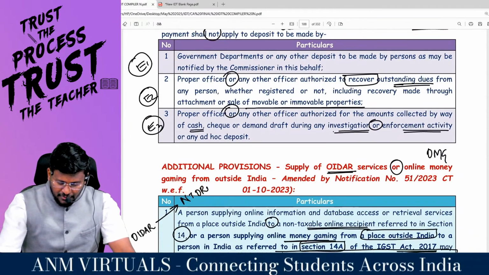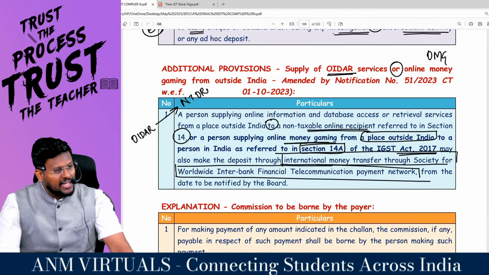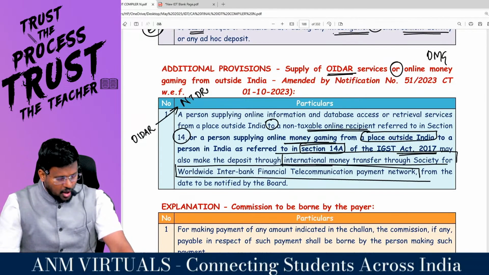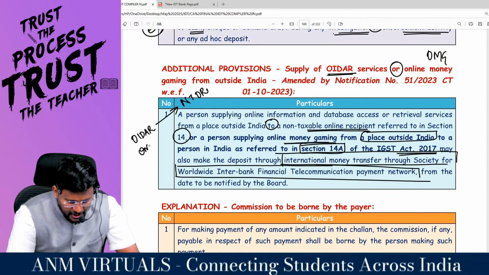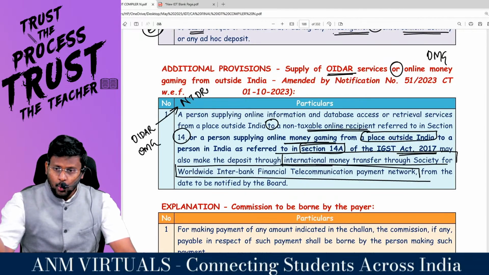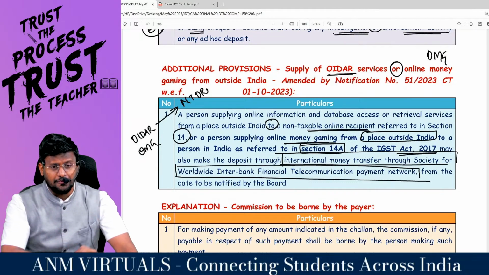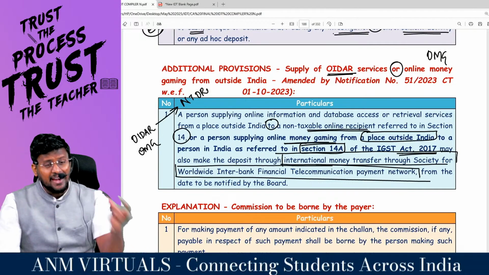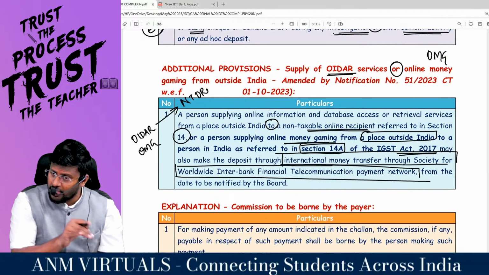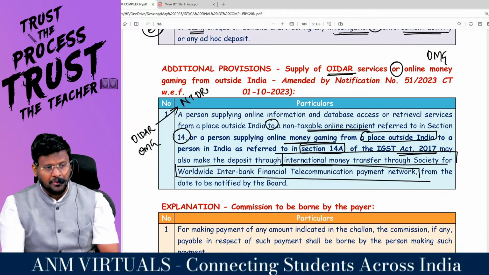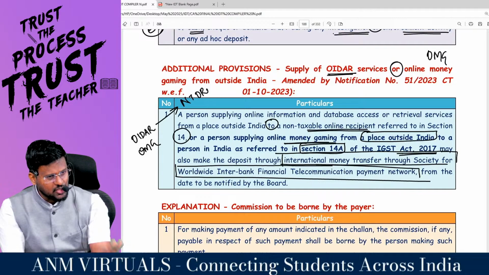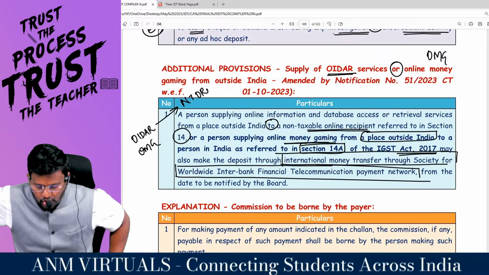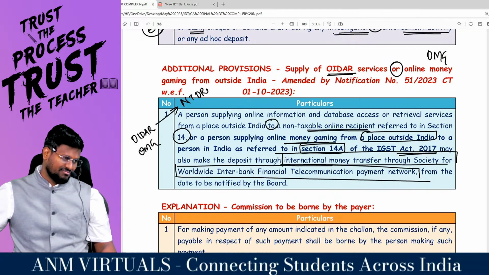But if the service provider is an OIDAR person, that is online information, data, access or retrieval services, or online money gaming, covered under section 14 or section 14A of the IGST Act, they can deposit their money in the electronic cash ledger through international money transfer through Society for Worldwide Interbank Financial Telecommunication Payment Network.